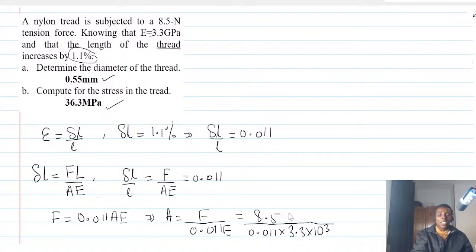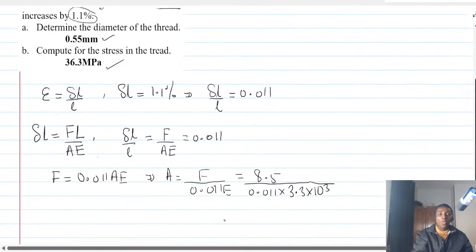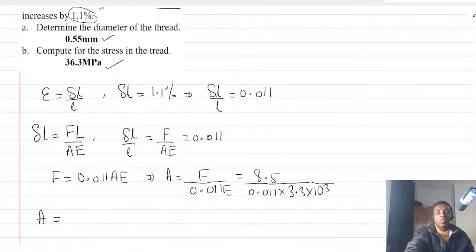So whatever answer that we get will be in millimeters. So what is the area here?